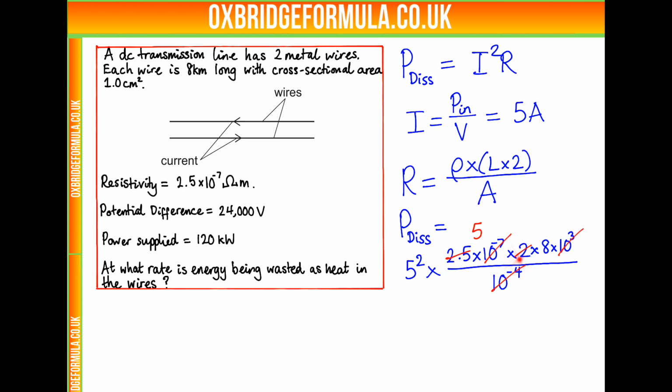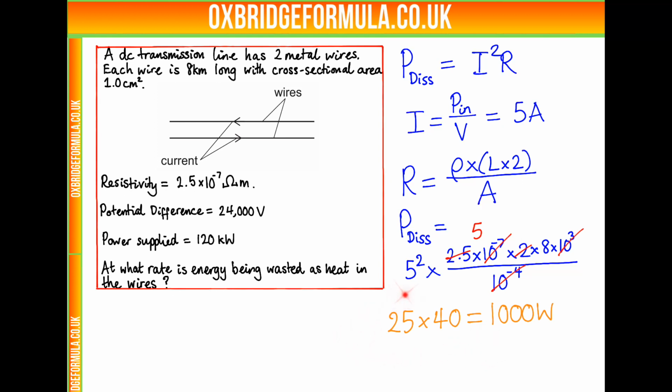But then also 2.5 times 2 multiplies quite nicely to 5. So we have 5 squared, 5 and 8. And this is just 25 times 40, which is 1000 watts of power dissipation. So compared to the 120 kilowatts that we are providing, this is quite a low power dissipation, I think.